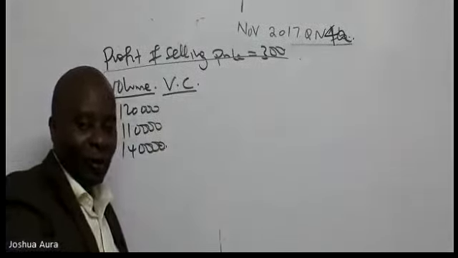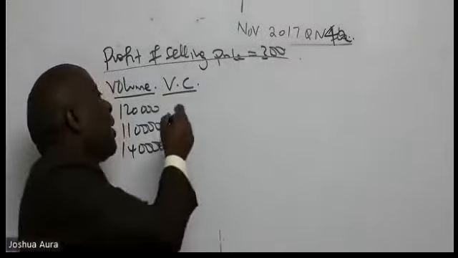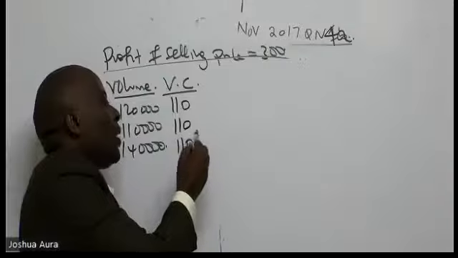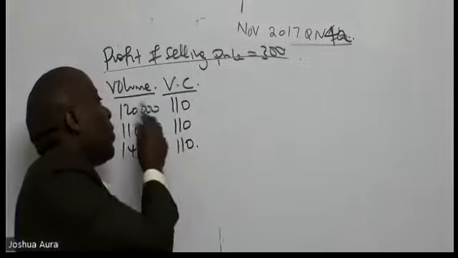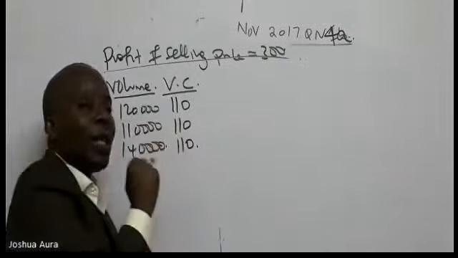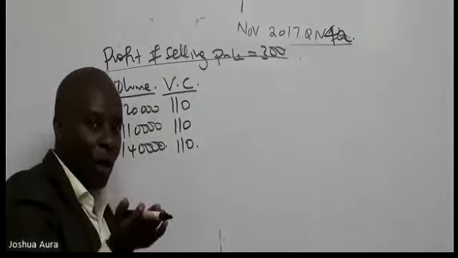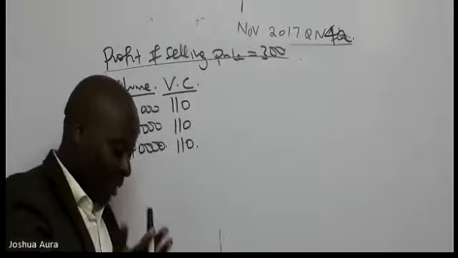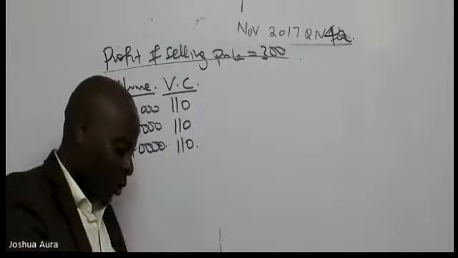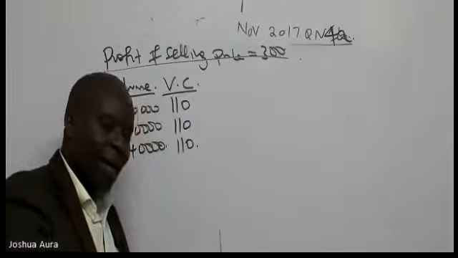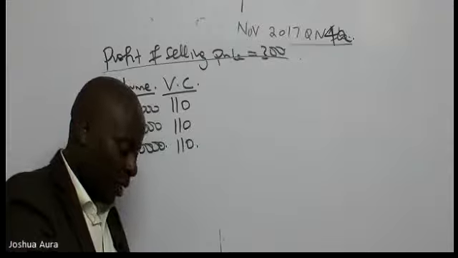Yeah, all of them are getting it, but throughout, we shall use 110 throughout. Why? Because these quantities are more than 100,000. They are big. We are told the variable production cost would be 120 per unit for production volumes up to and including 100,000 units each year.